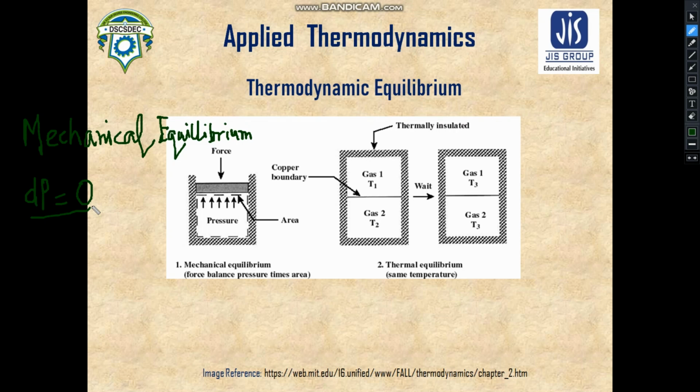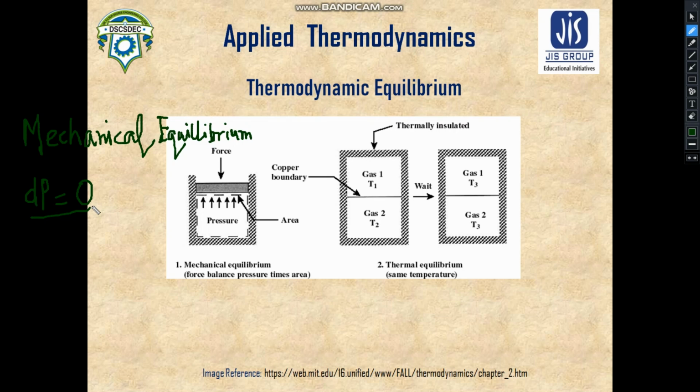If the properties within the system itself and between the system and the surroundings are in mechanical equilibrium, that means no work can be extracted. So mechanical equilibrium condition means there is no chance of extracting work from the system.